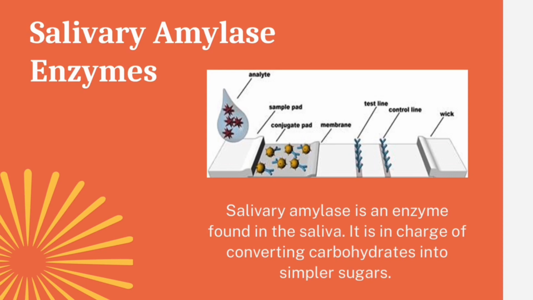It then converts the carbohydrates in our food into simpler sugars. It influences oral starch perception, metabolic signaling, and plasma glucose responses to ingested starch. This salivary enzyme is responsible for converting complex carbohydrates like starch into simpler sugars like maltose.